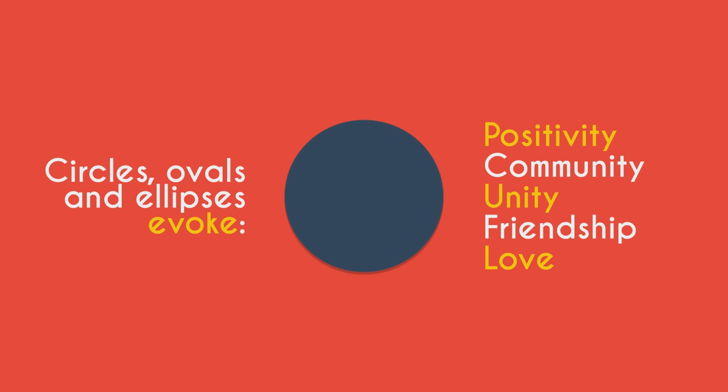So the first thing you'll probably read is the sentence "circles, ovals, and ellipses evoke," and then the shape of that circle draws you around it and almost back onto itself again, and that's where that sense of community and unity comes from, in that it is involving and it's accepting, and it's a shape that imbues a sense of acceptance, but it does that by separating itself from every other element on the page. Everything within the circle is a sense of community. So you can use circles to link objects together and things like that.